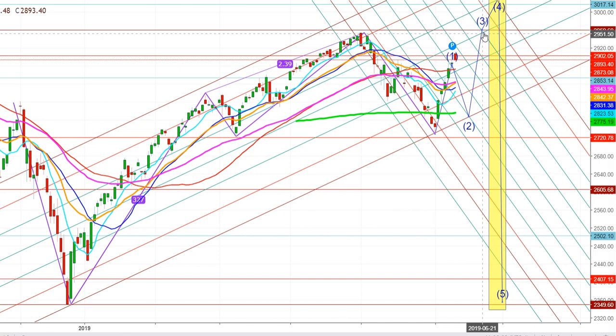But if amid growing hopes, we find this upcoming meet on June 29th remains unsuccessful, we will see S&P 500 index fall with a steep downward move, which may push S&P 500 down to the levels of 2362 till the end of this month.